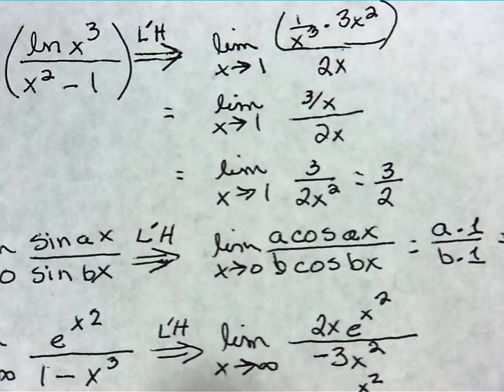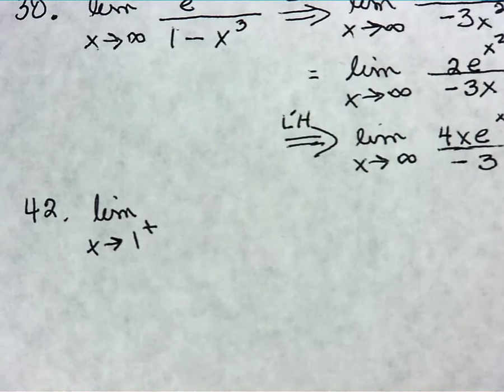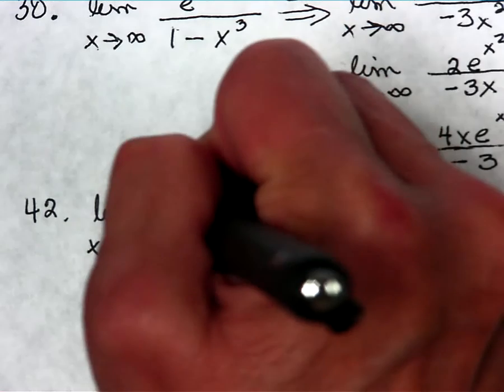It's a one-sided limit. Limit as x goes to 1 from the right. And you just won't believe what's in the numerator.